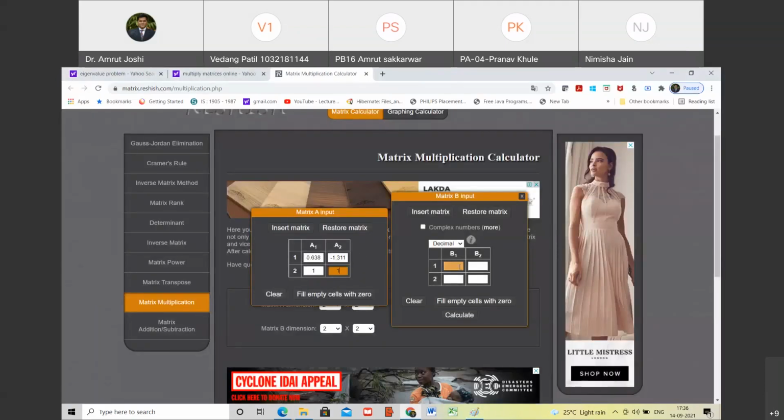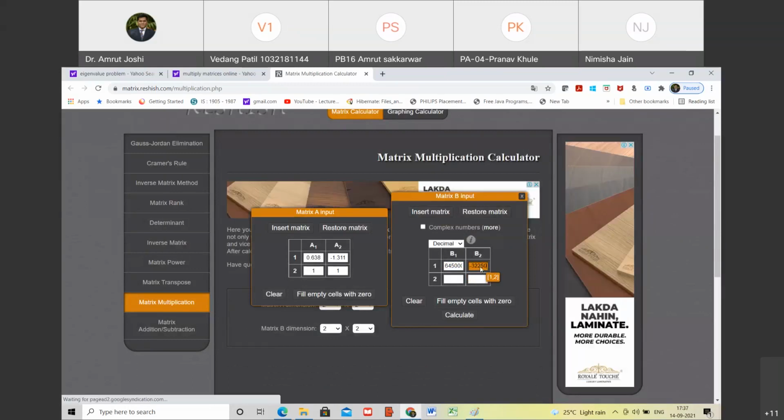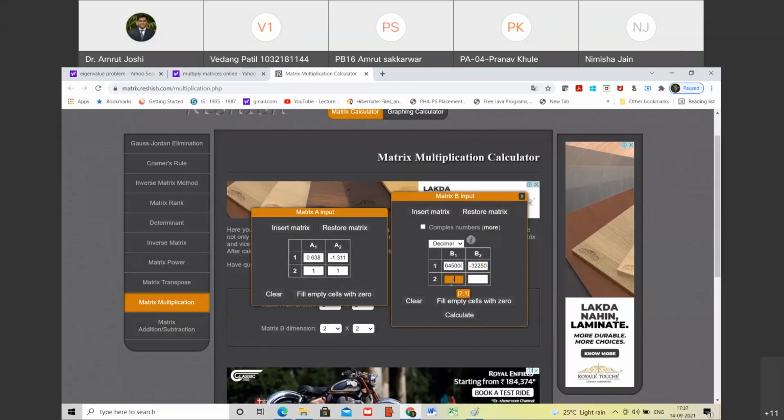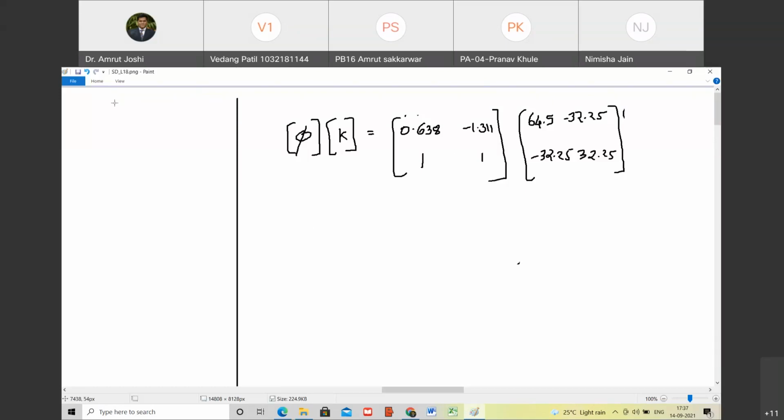64.5, 64.5 minus 32.25, 32.25 minus 32.25. So I think we have to take a transpose here.